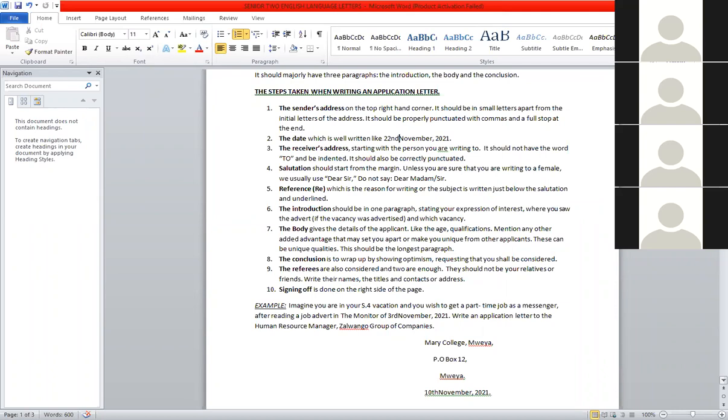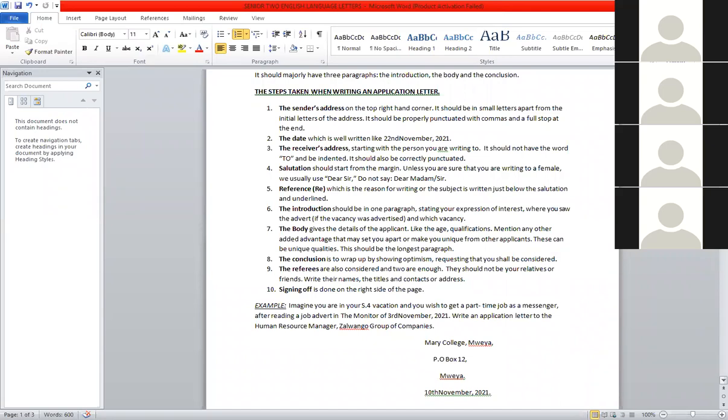Okay, since we are writing formal letters. But if you're writing to a person in your own bracket, maybe your fellow student, and this fellow student is maybe the head monitor or the house leader, initially you're all students, so you can address that person by the name.